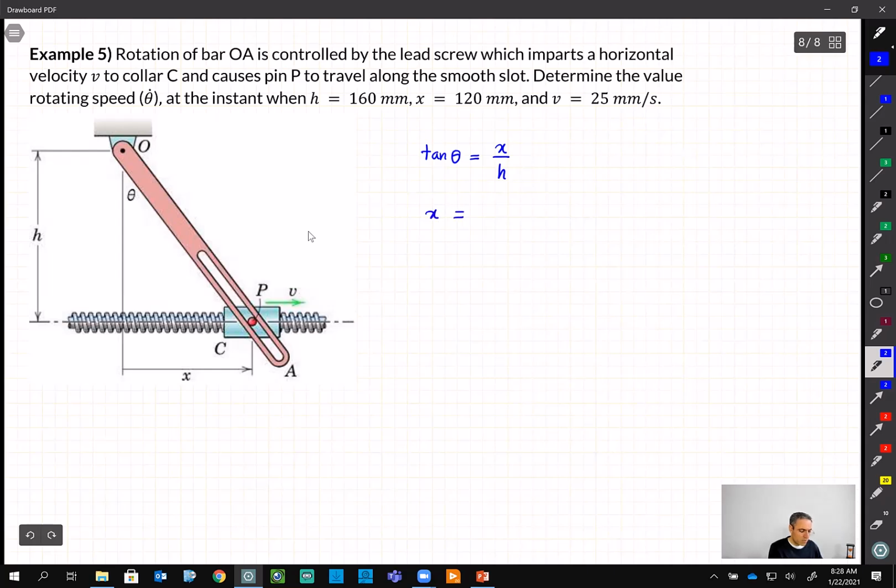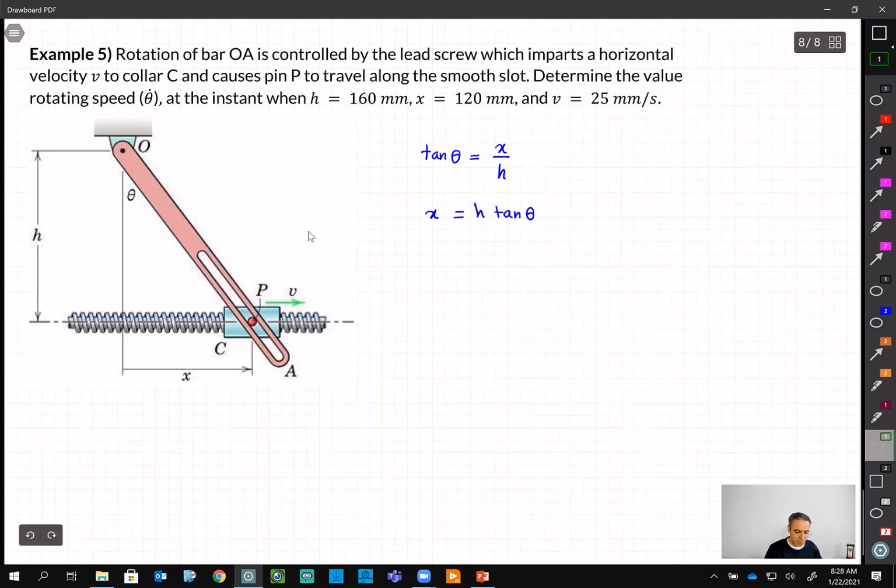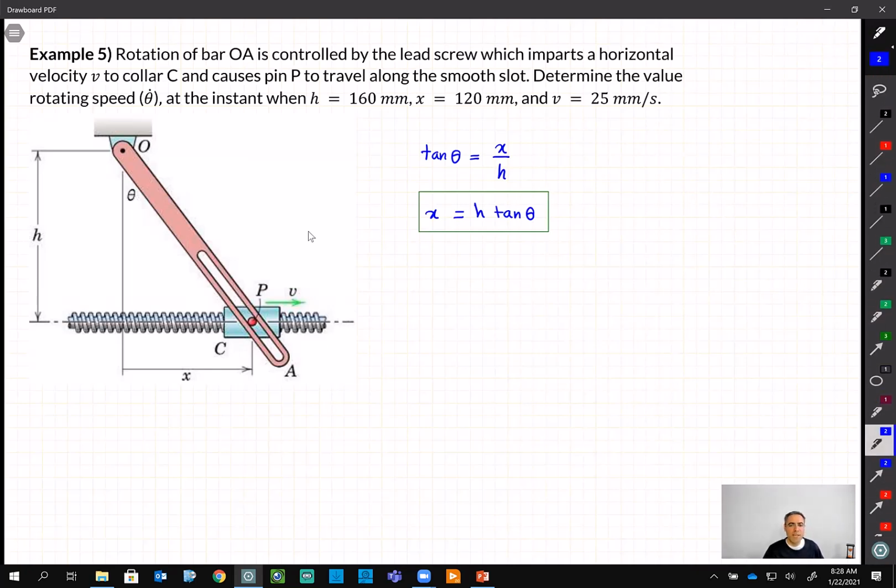So we did the hard job of finding the geometrical relation. The rest is just being careful about math, not making the mistake that I did, and taking derivatives, which I'm sure you know how to do. So on the left side, x becomes x dot.